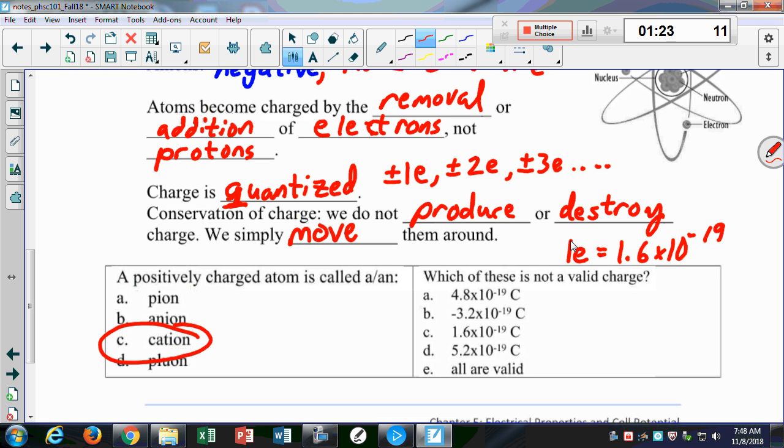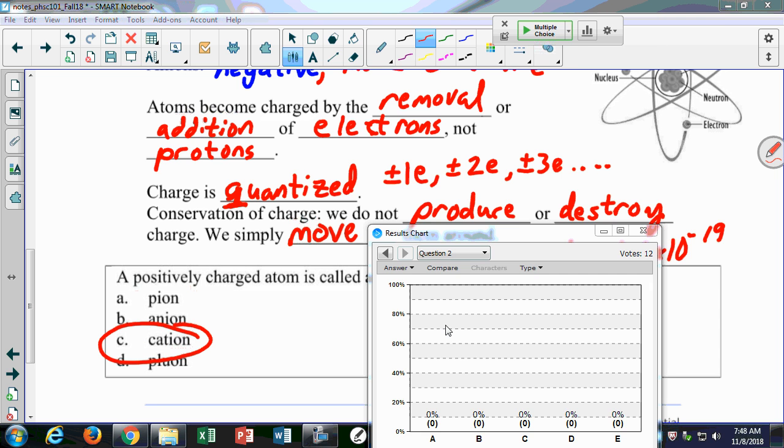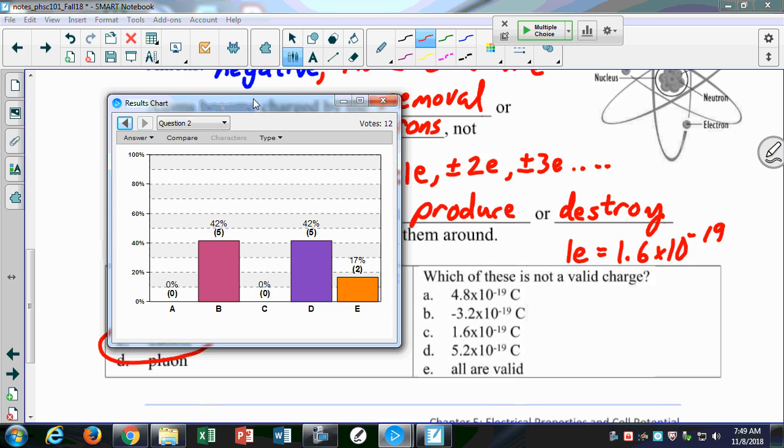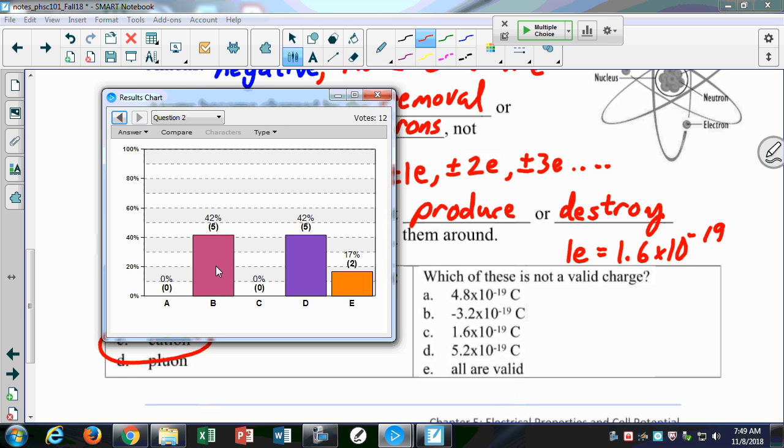All right, let's stop at 1:30. Okay, so let's see. B is negative, and that might be why you put B, because it's negative. But the negative just means that what?